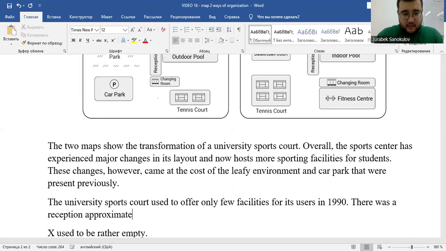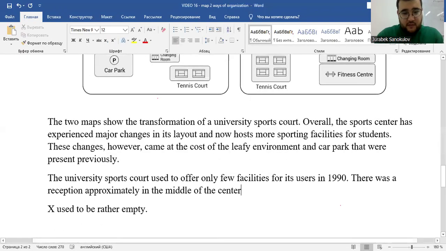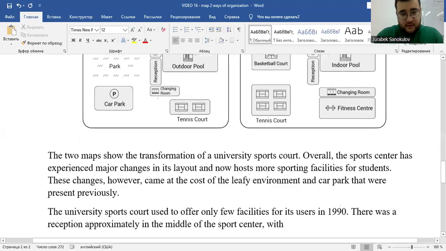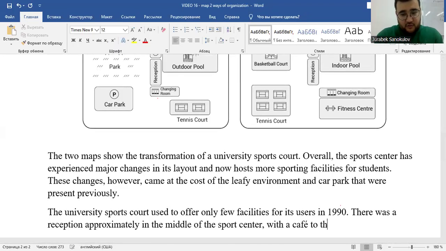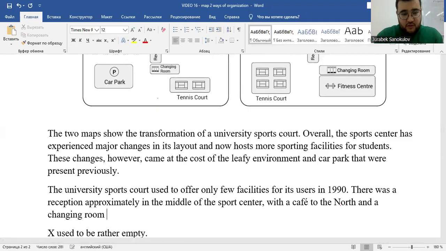approximately in the middle of the sports center with a cafe to the north and a changing room located on the other side of the reception.